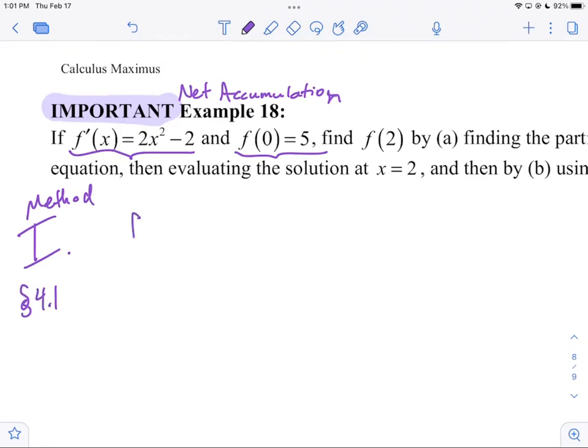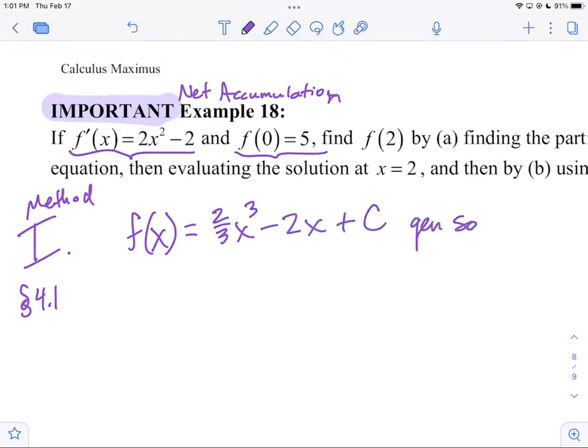We're going to say that f of x is the antiderivative of 2x squared minus 2, which is 2/3 x cubed minus 2x plus c. This is what we call the general solution. Now for f of 0 equals 5, I'm plugging in.